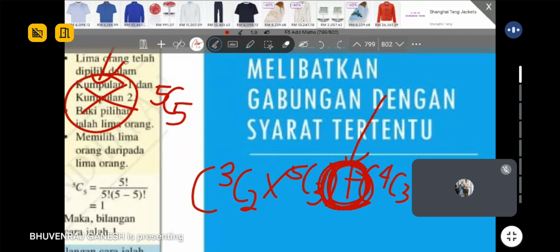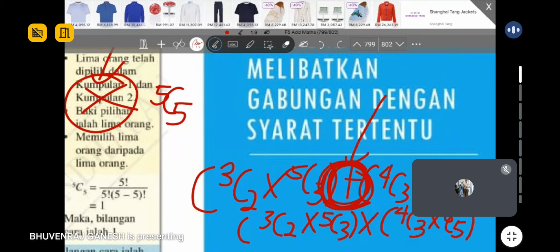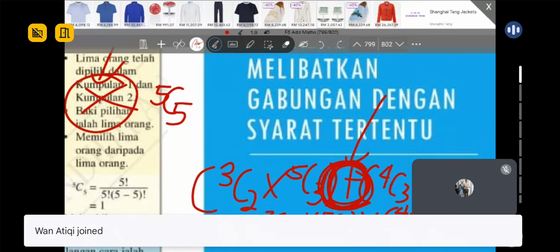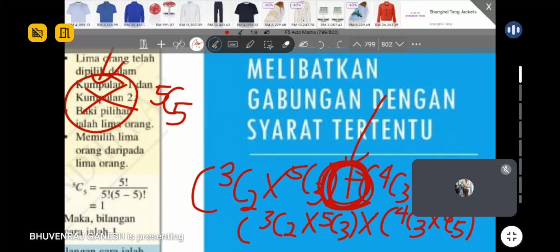Why do we put plus in the middle? Why not I write like this? Kenapa saya tak boleh tulis macam ni? Anyone know? What is the reason behind it? Why must plus be in the middle? Cannot times. Try to give some suggestions, if anyone knows. Kenapa kena letak simbol tambah kat tengah-tengah, bukan darab?